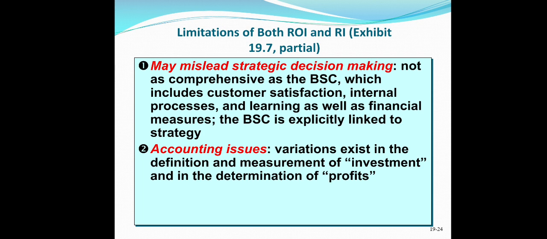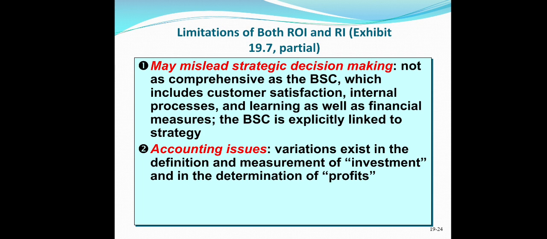So ROI and RI are good. You have seen several advantages of these two methods, but one of the things about these two methods is it may mislead strategic decision making. These two methods are good, but not as comprehensive as the balanced scorecard.